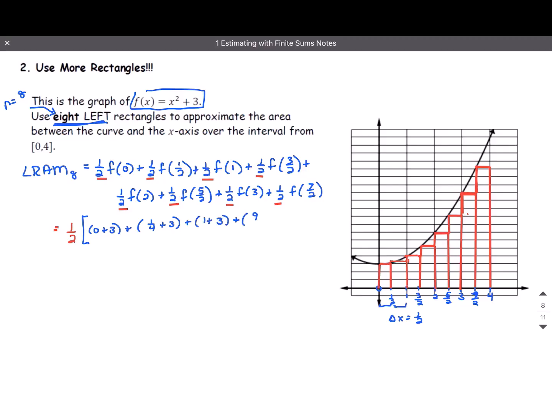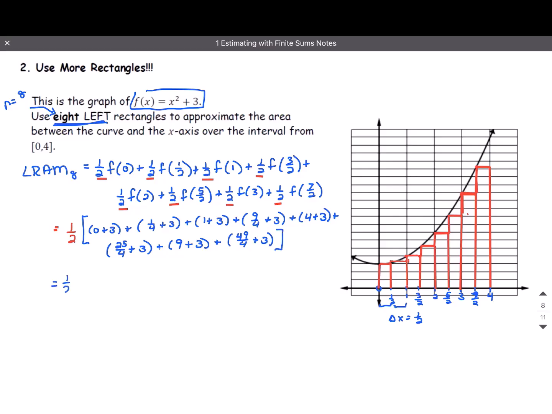F of 3 halves is 9/4 plus 3. F of 2 is 4 plus 3. F of 5 halves is 25/4 plus 3. F of 3 is 9 plus 3. And f of 7 halves is 49/4 plus 3.